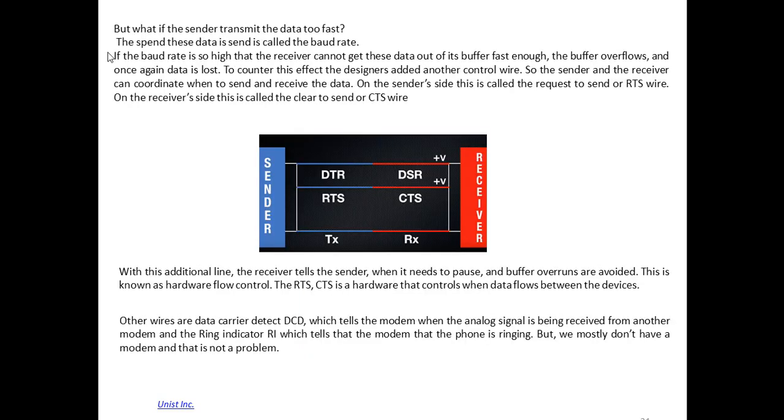There is also another thing. What if the sender transmits the data too fast? What if the sender is generating the data and it's sitting on its buffer side and transferring to the buffer side of the receiver, but the receiver buffer size is not that big, so it just can't hold it, and every once in a while some data is lost.